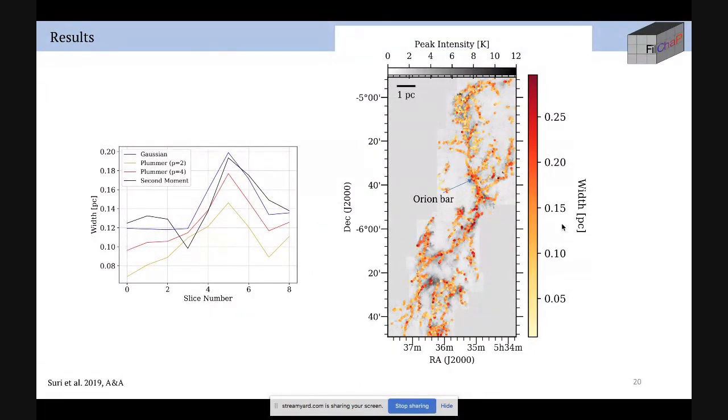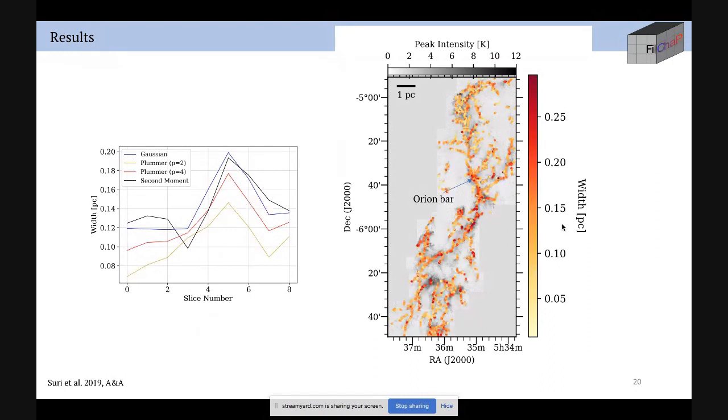So this plot shows all the filaments overlaid on the map, and each point along the filaments is colored by the width calculated at that particular point. What you can see is that there's a variation of width of about an order of magnitude.